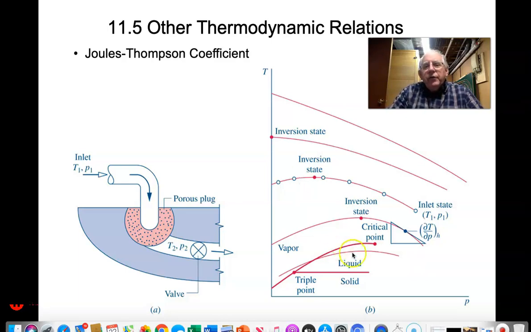Okay, and so we have seen that for these constant enthalpy lines that cross over through the dome, what we see is that decrease in the temperature.